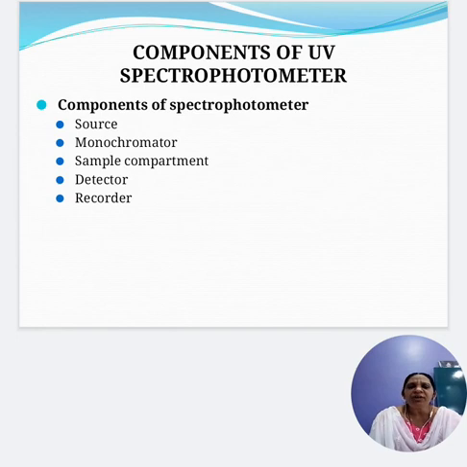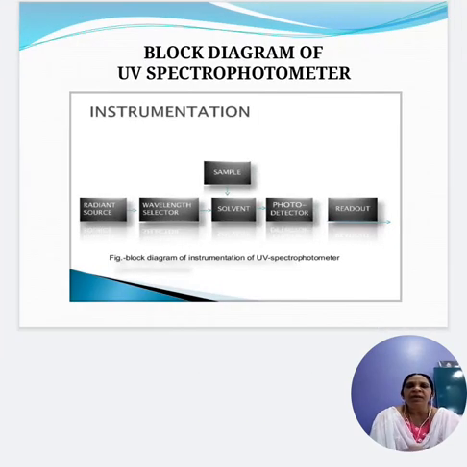You can represent this with a block diagram like this. You have the radiant source, you have the wavelength selector. Just as I told you, we can either use a prism or a grating. In the first figure, you have the dispersive medium, the monochromator. That is nothing but a wavelength selector.